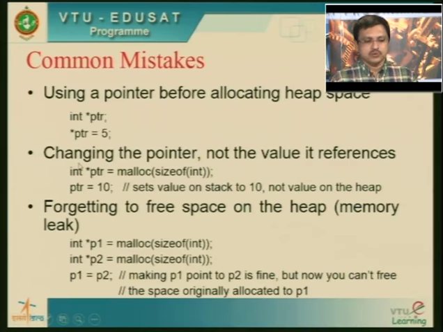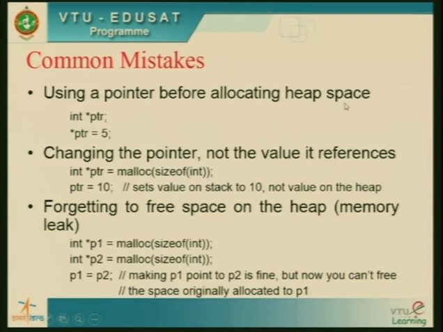Before we wind up, we will see some common mistakes that people make. The first is using a pointer before allocating heap space. You see here int *pointer = 5, and in fact 5 is a constant. Practically no programmer will do this, because, as I told you, pointers are generally used to point to something in the heap. Though in many examples we saw a pointer pointing to another local variable, and I did mention that during that discussion, when you already have direct access, why do you want indirect access?